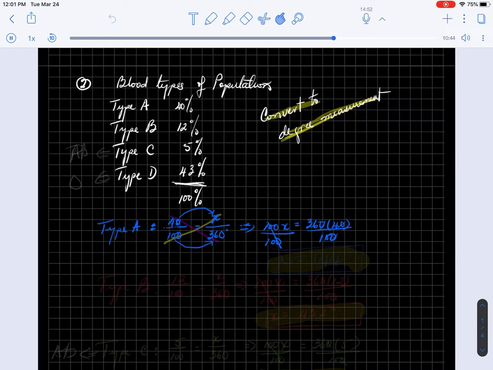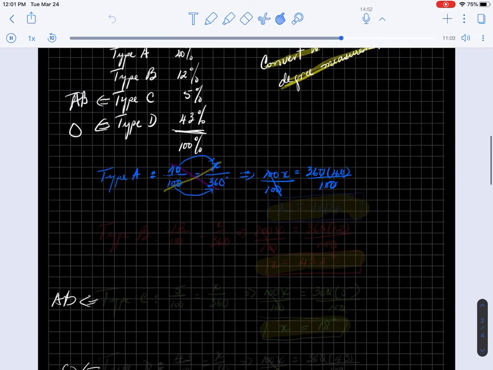I was using the blood type, but then I'm using type C and D. So technically, this one right here is type AB, and that should be type O. So this one right here is AB, that is O, okay?